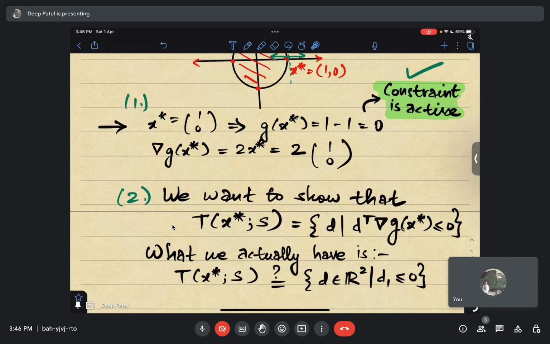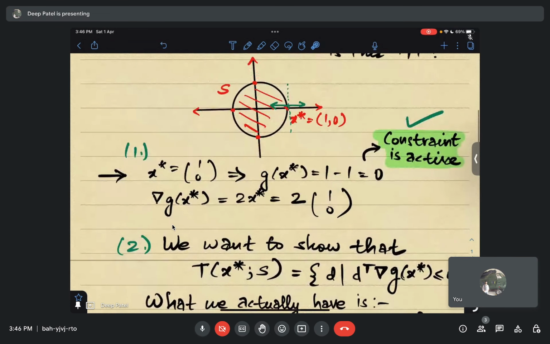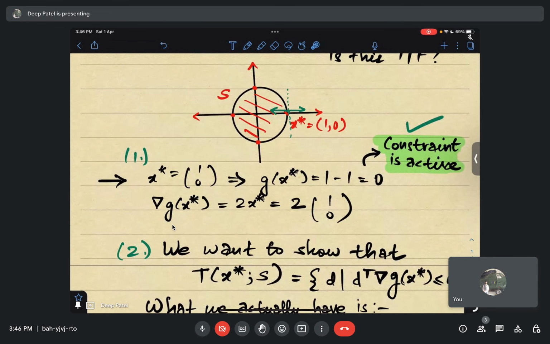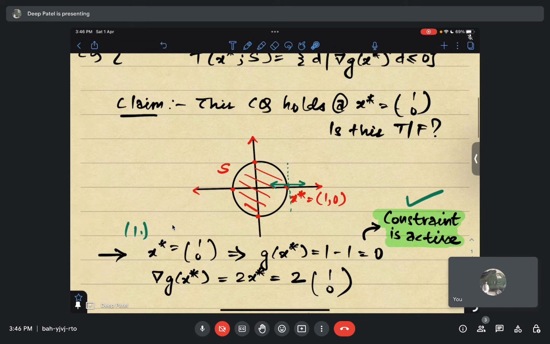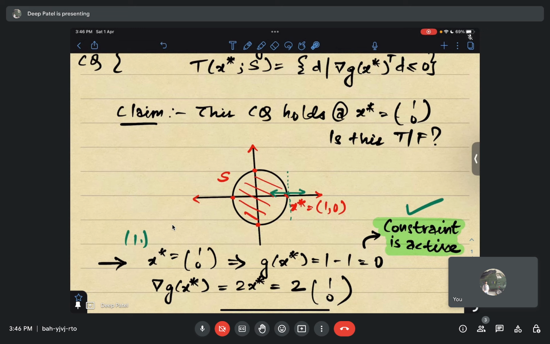Yeah, geometry. I see that if you consider a vector to x star, that is just 1 0, right? And if you take the inner product of that with any general vector which makes an obtuse angle with the 1 0 vector, that I believe should specify the tangent cone, right?